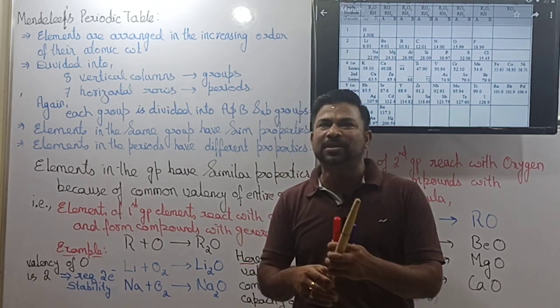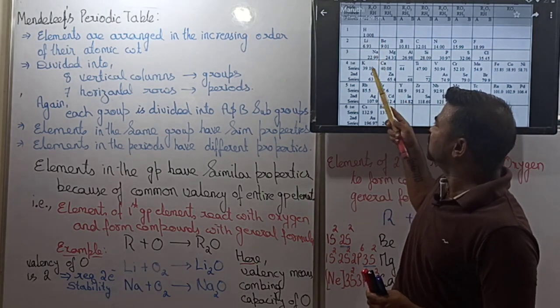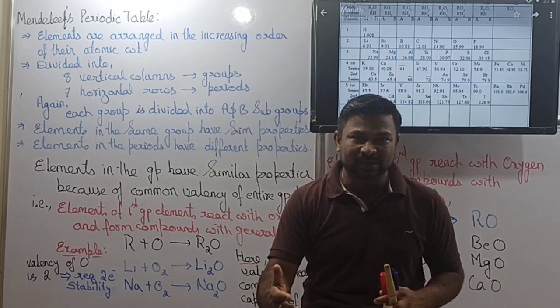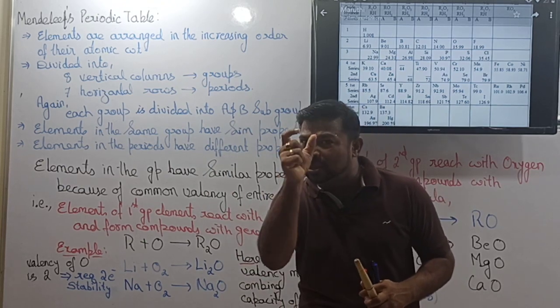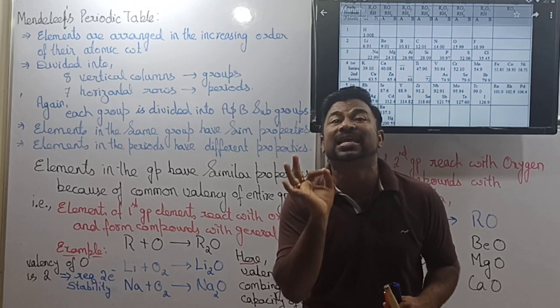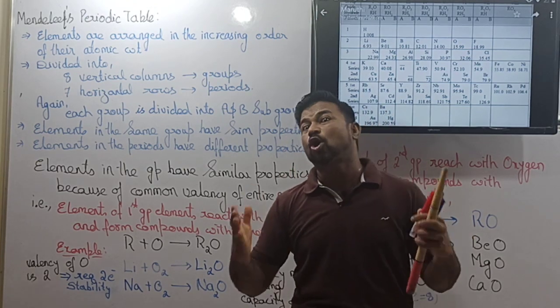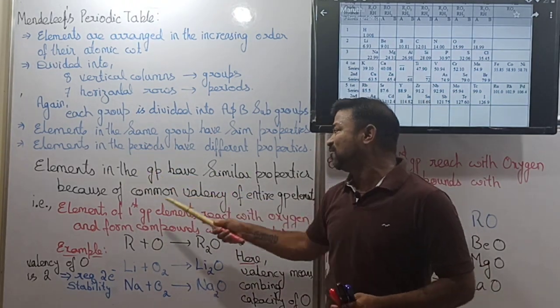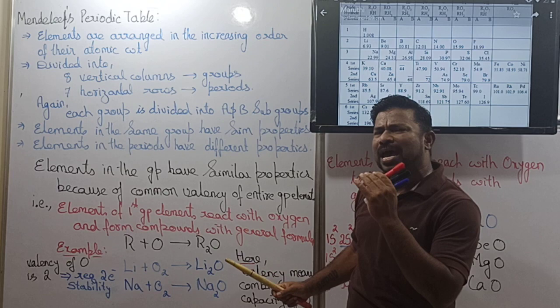All the elements present in a single group, it may be the first group or the second group or the third group, have the same valency. I can say it as common valency. That's why elements in a group have similar properties because of the common valency of the entire group's elements.